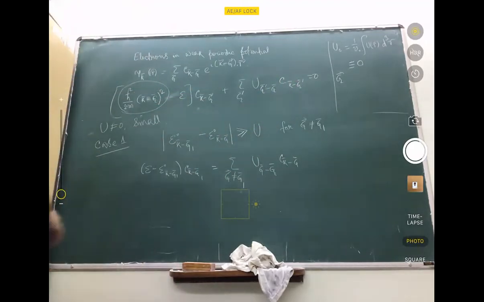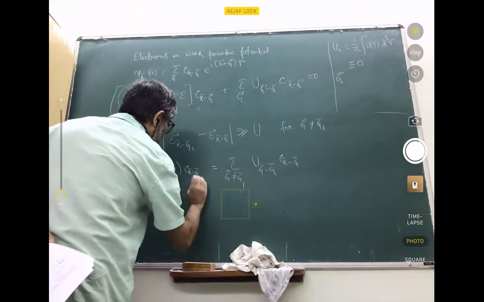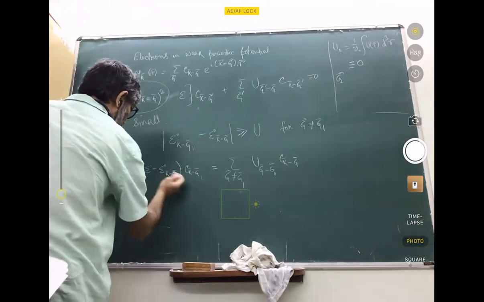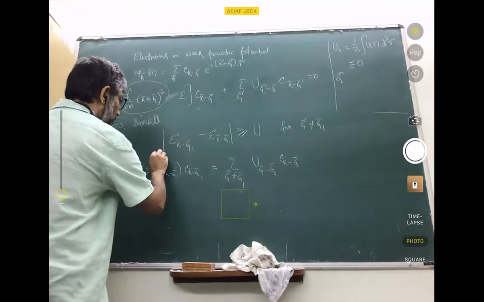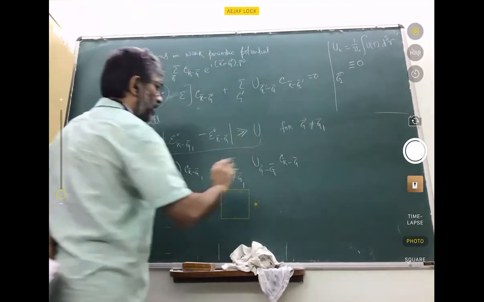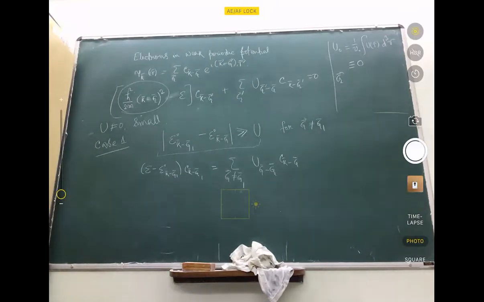So this is the equation we get for Ck minus G1 and the corresponding epsilon when U is non-zero. However, there is no degeneracy within an energy scale of U, which is a small scale here.